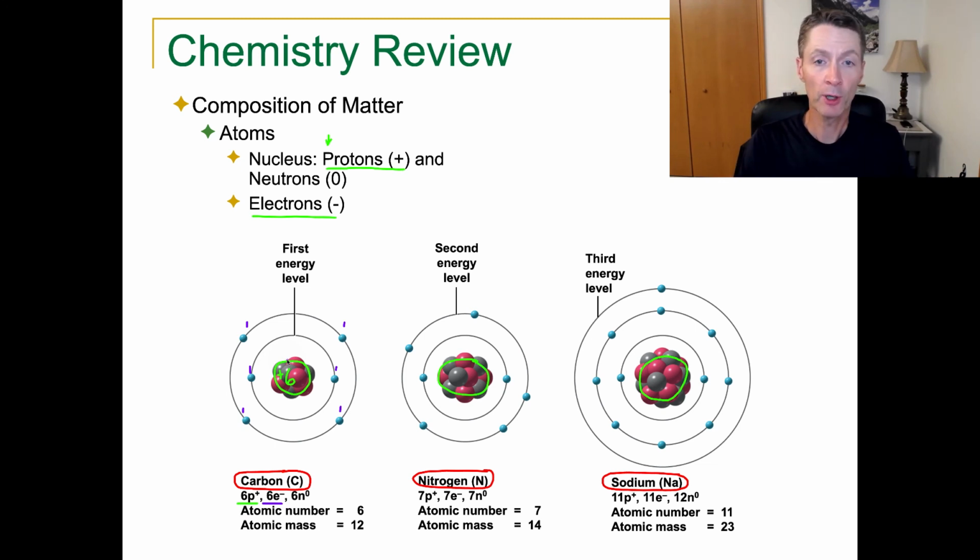Now, as we go through any of the other elements, we're going to find that it's a similar situation, right? So here we've got nitrogen, which happens to have an atomic number of 7. Typically they use the proton number to give you the atomic number.